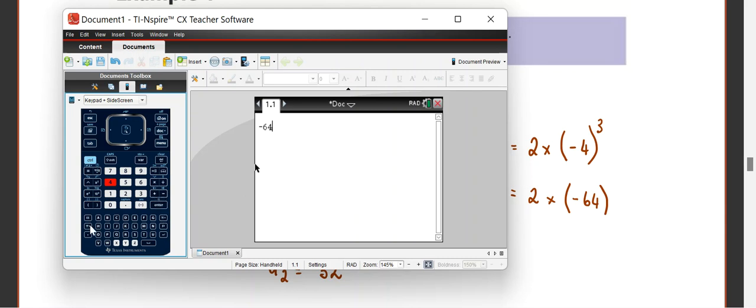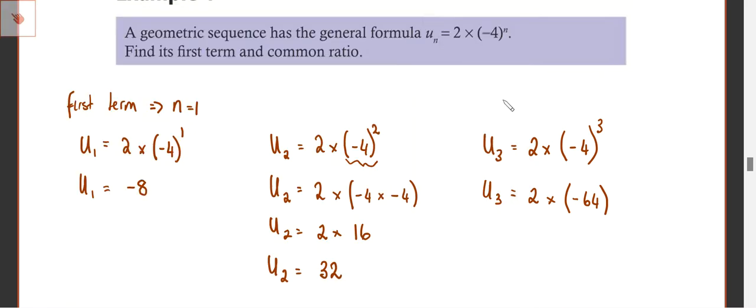I can't really see. So guys, on your calculator, you've got to be careful to put it in brackets. Sometimes it will give you the wrong answer. I'll try and do it with a screen. So we end up with u3 equals 2 times negative 64 gives you negative 128.